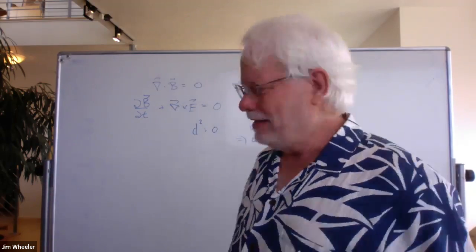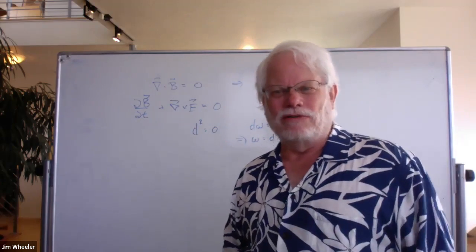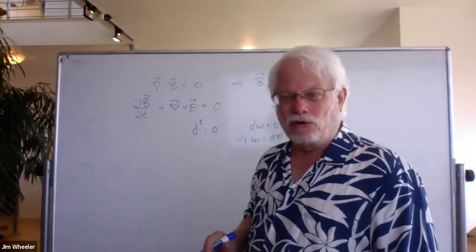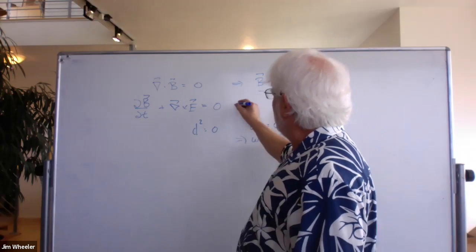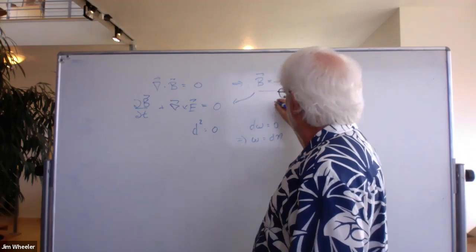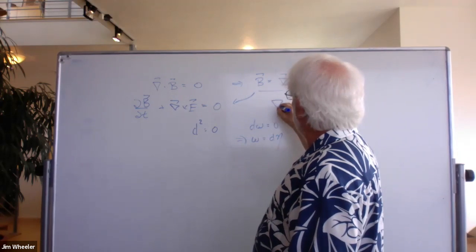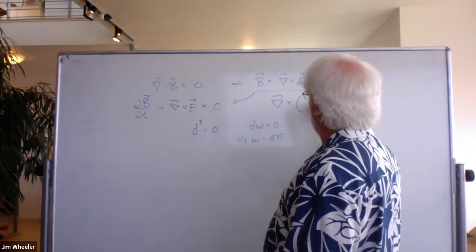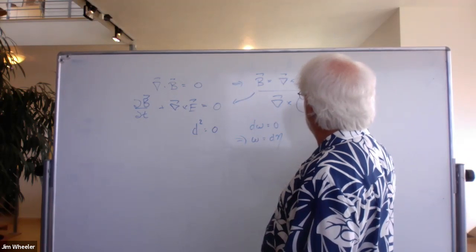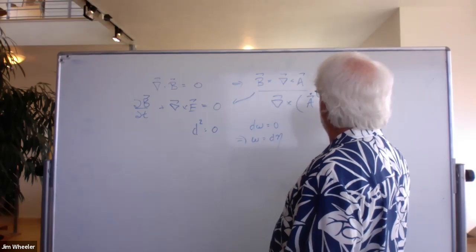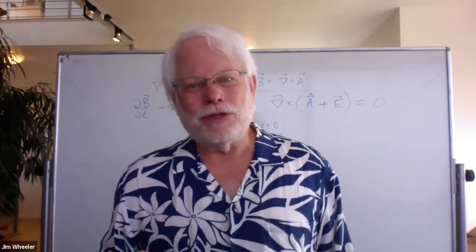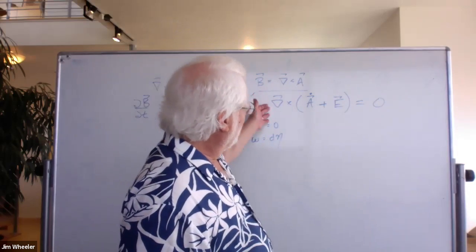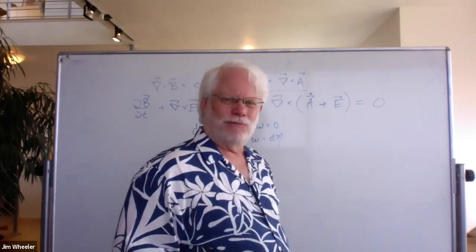So, we know these aren't quite equivalent, but we're working in R3 here, so we don't really have to worry about that. So we write B as the curl of A, and then if we put that into the equation for E, we can write the whole equation as the curl of (A dot plus E). And that vanishes, and now we invoke the same theorem to say that if we have a vanishing curl, then the thing must be a gradient.